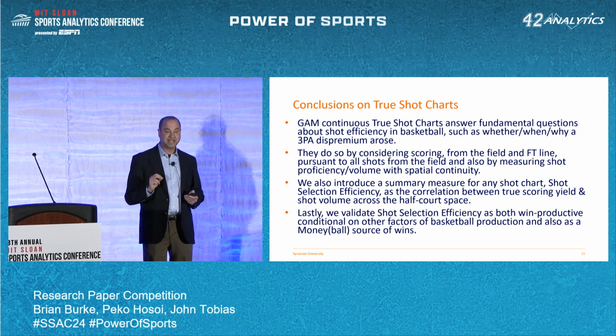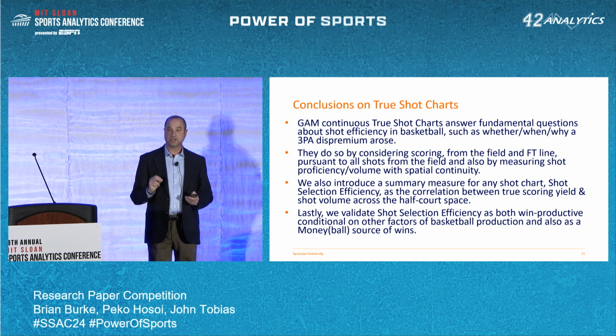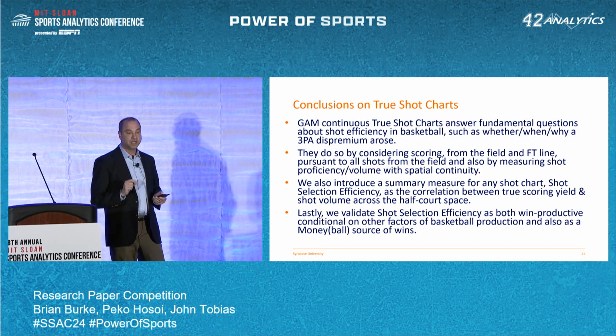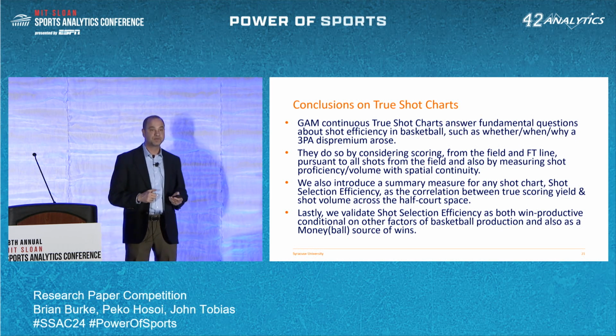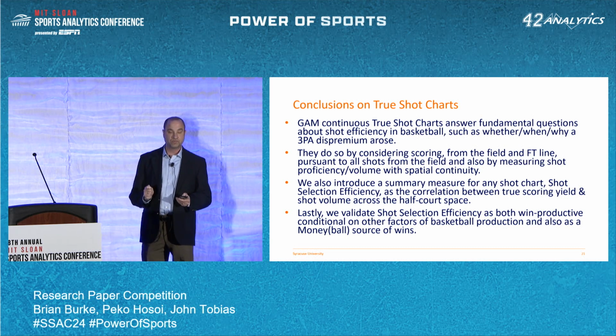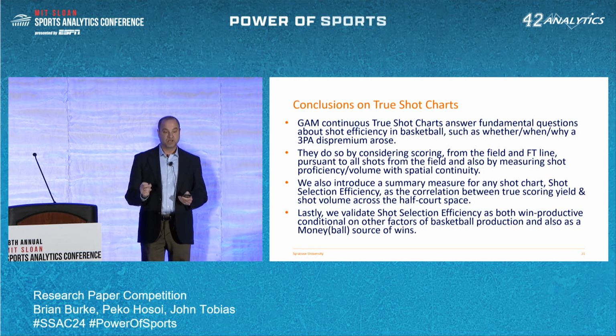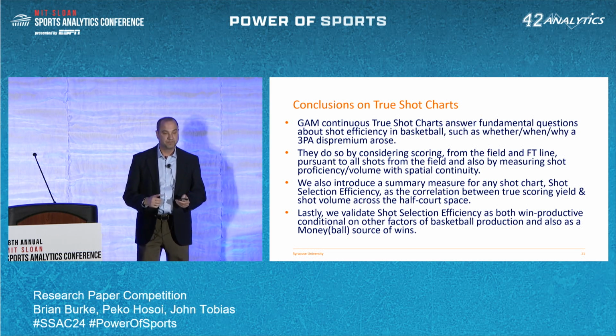We also introduce a summary measure for any shot chart, shot selection efficiency, as the correlation between true scoring yield and shot volume across the half-court space. Lastly, we validate shot selection efficiency as not only win productive, conditional on other factors of basketball production, but also as a Moneyball source of wins in the NBA.